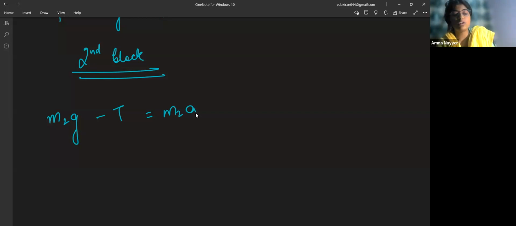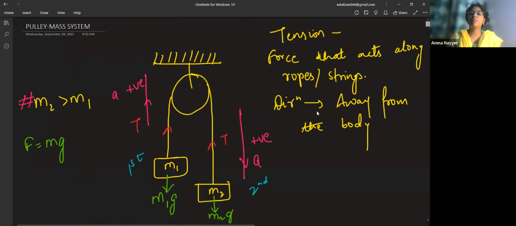Now I'll tell you how to draw a free body diagram here itself, because free body diagrams will be used from now onwards in your friction also. Free body diagram means you focus on one object and draw all the forces which are acting on that object without drawing anything else in your system.